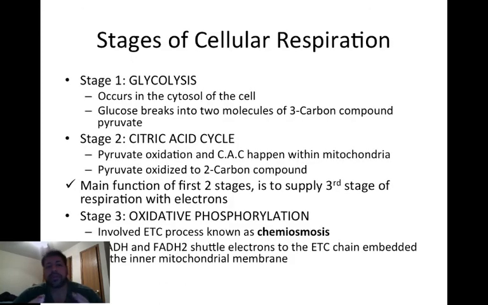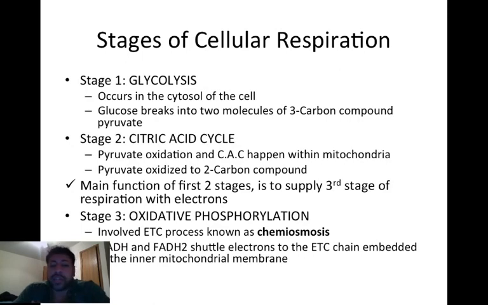So these are like the three overall main stages of cellular respiration. So this would be like a summary of cellular respiration. Stage 1, you have glycolysis, occurs in the cytosol, or out in the space within the cell. Glucose is broken ultimately down into two molecules of a 3-carbon compound known as pyruvate.